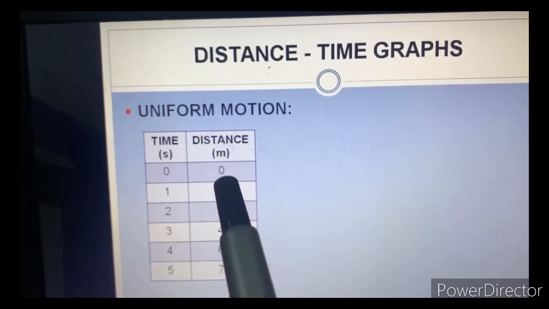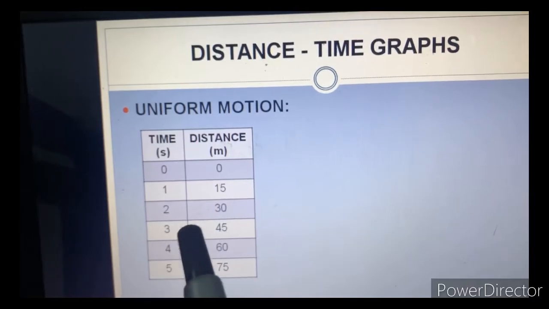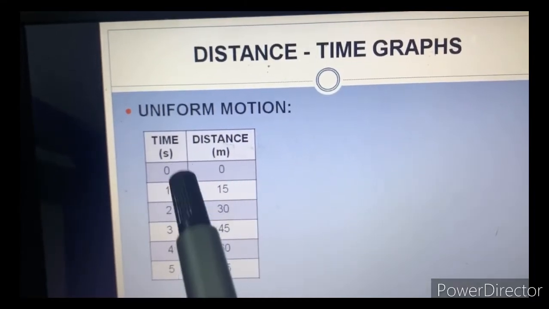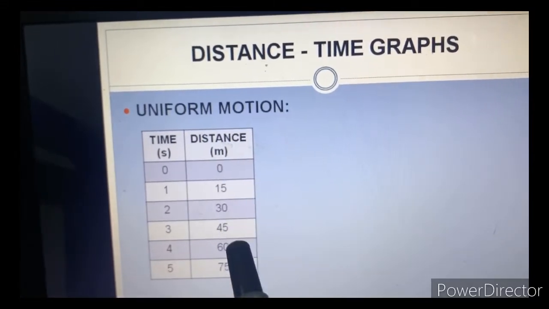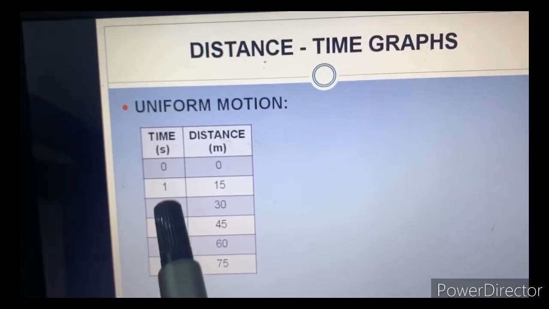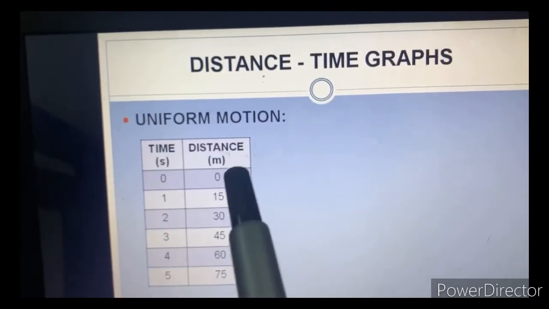After 1 second, it covers 15 meters, after 2 seconds 30, at 3 seconds 45, at 4 seconds 60, at 5 seconds 75. What does it mean? It means that it covers equal distances at each second. Understood? At every second it covers equal distance. This means that it is in uniform motion.